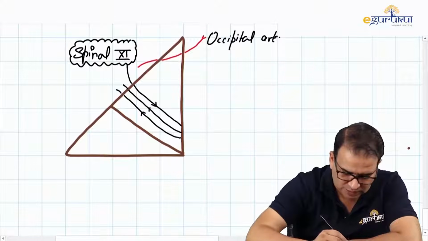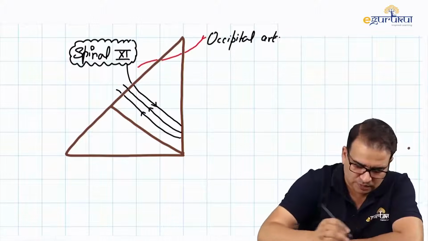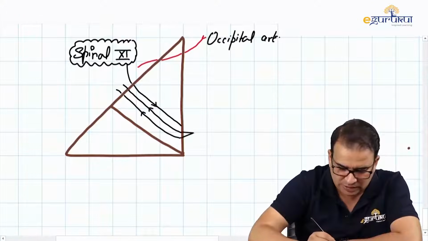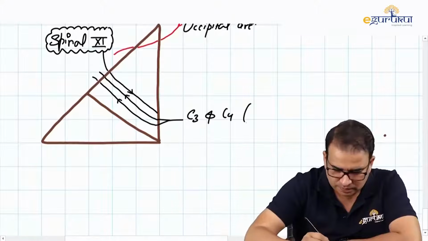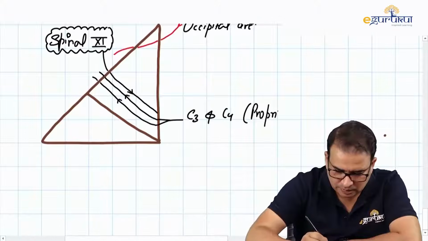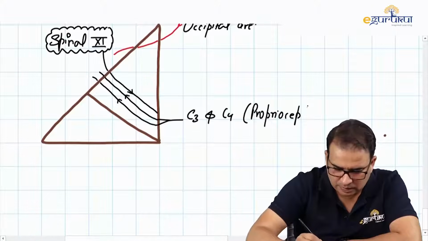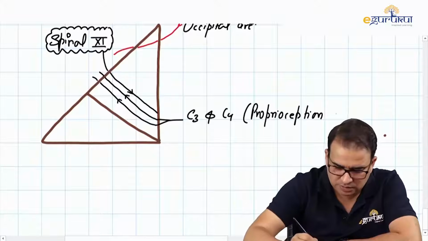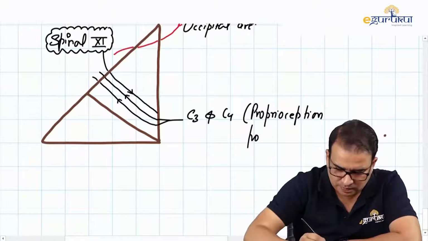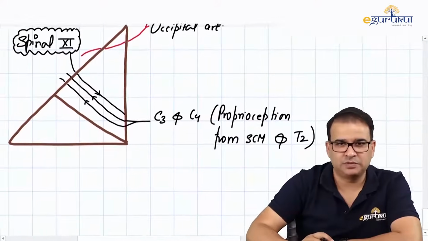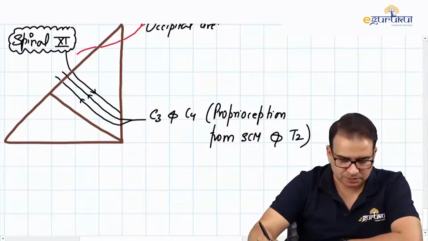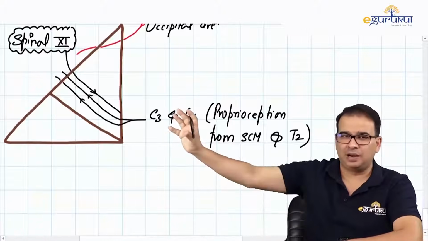If I draw these arrows in this direction, these are the proprioceptive nerves to the sternocleidomastoid and trapezius, that is C3 and C4, carrying proprioception from both muscles. That's the major content of the triangle above.